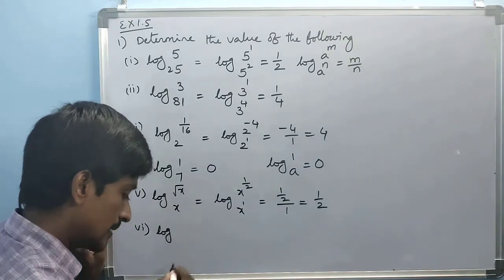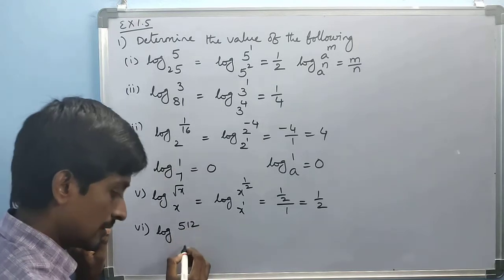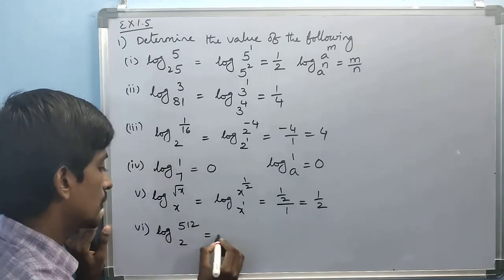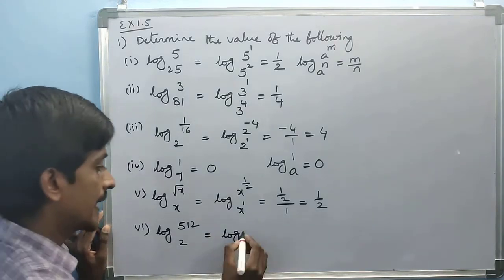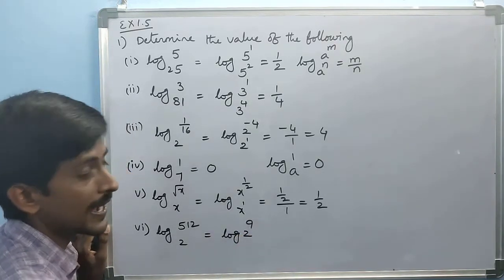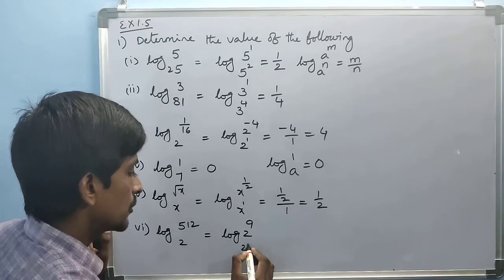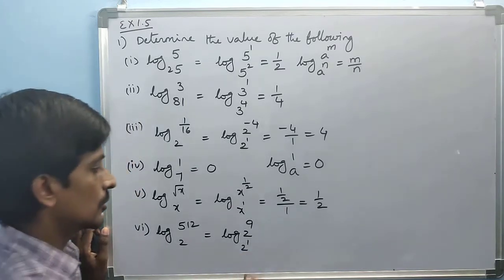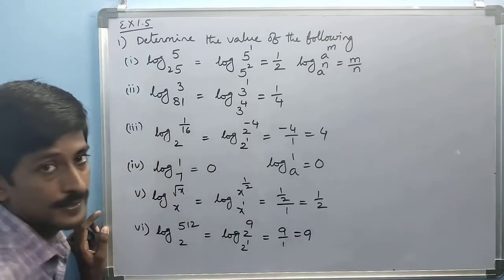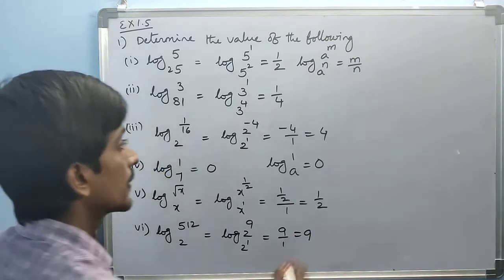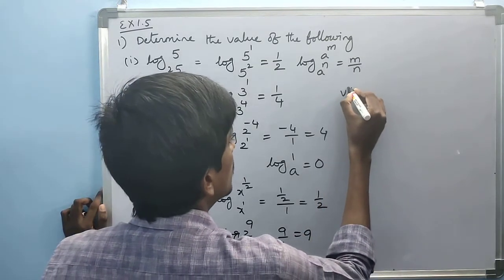Sixth one. Log 512 base 2. 512 can be written as 2 to the power of 9, base 2 to the power of 1. So 9 by 1 is equals to 9. Okay. Seventh one.